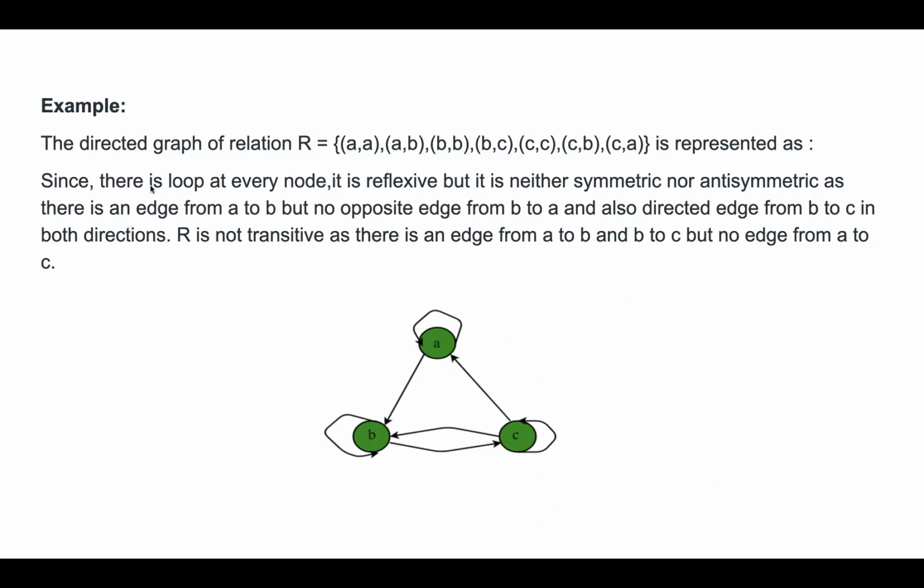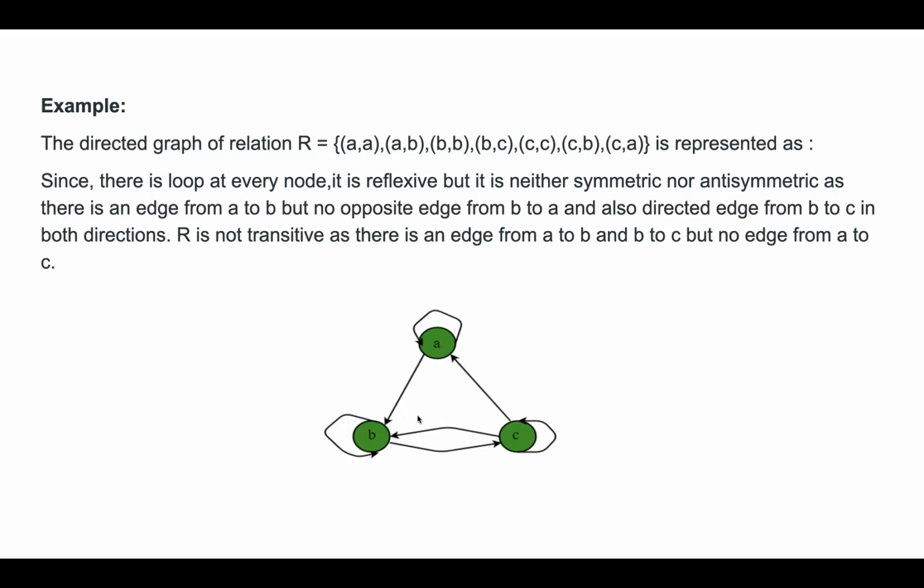Since there is a loop at every node, it is reflexive, but it is neither symmetric nor antisymmetric, as there is an edge from A to B, but no opposite edge from B to A. And also a directed edge from B to C in both directions.